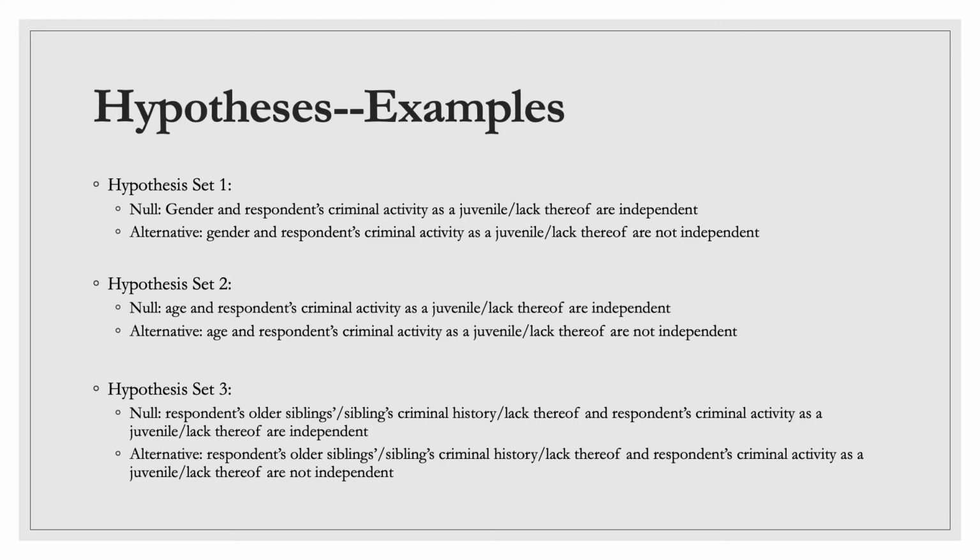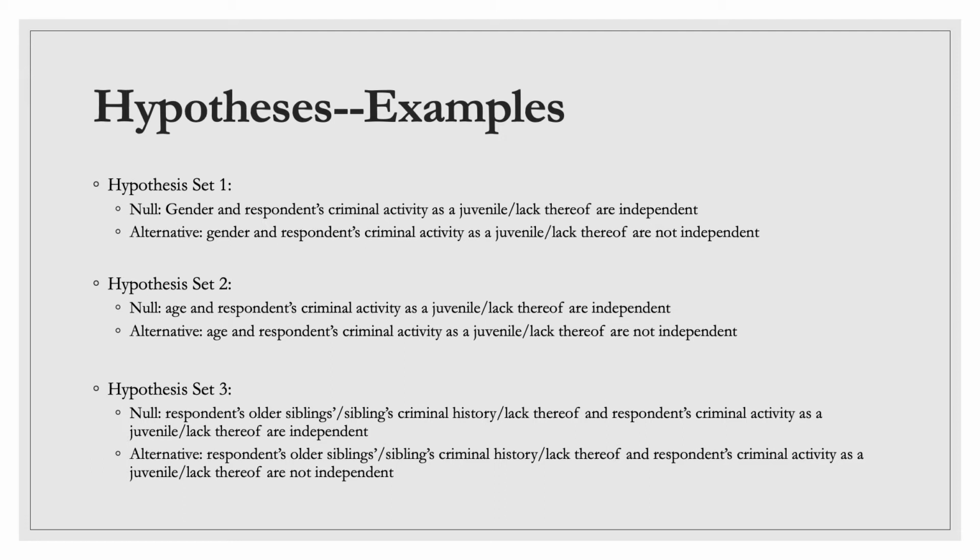For the third set, the null is that if a juvenile has an older sibling or siblings who have a criminal history, or if they don't have a criminal history, and that person's criminal activity are independent. The alternative is that having an older sibling with a criminal history and criminal activity are not independent.